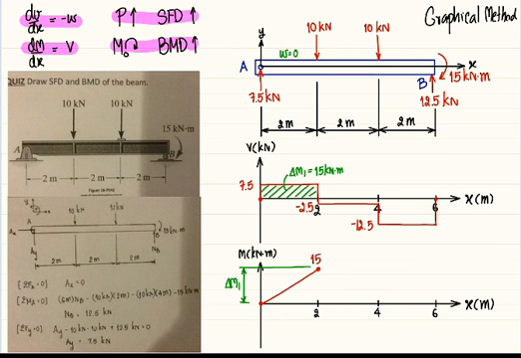And then consider the V value. The V in section 2 is negative constant, and the change in value can be found from this area, and this area delta M2 is minus 5 kilonewton meters.